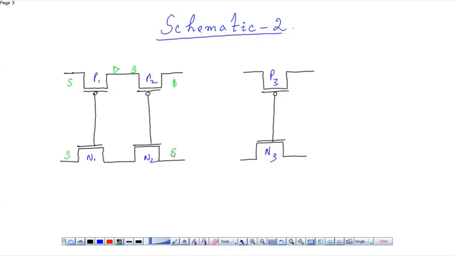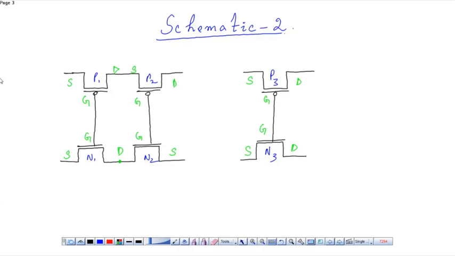We have common drain of N1 and N2, and these are the gates. Similarly, this is source, drain, this is drain, and this is source.